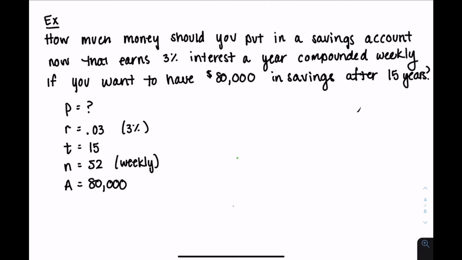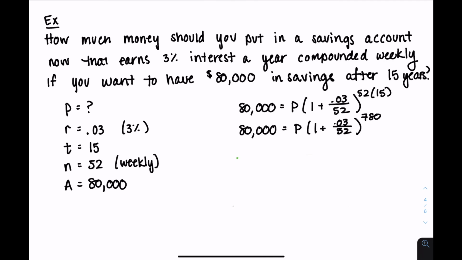So I want to plug all of these pieces into my formula and figure out what P is equal to. So we get 80,000 is equal to P times (1 plus my rate over n) to the nt. So we have to figure out what the value of P is.